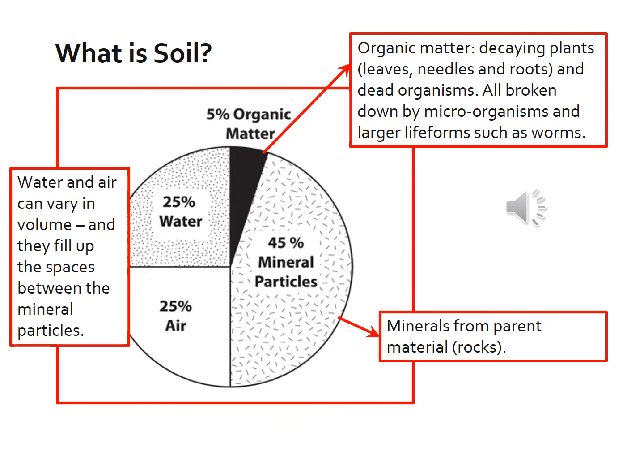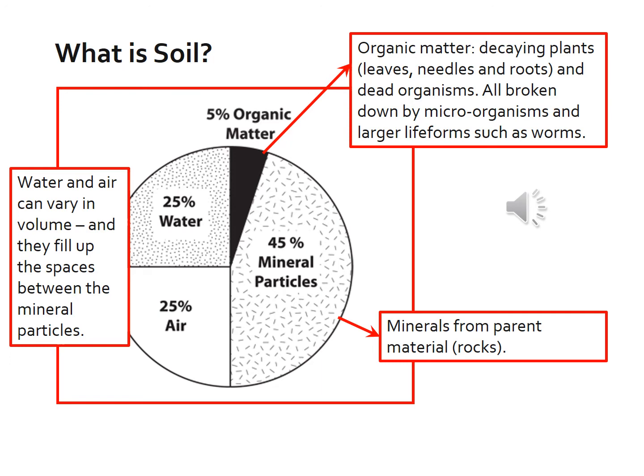Okay, so you can see from the diagram in front of you, the pie chart, that actually soil is made up of 4 things. So if we start with the organic matter, that is really important because that's going to give your soil the nutrients that it needs. So when you're talking about the nutrient cycle, the leaves fall in autumn, they will decompose and return a lot of the goodness back to the soil.